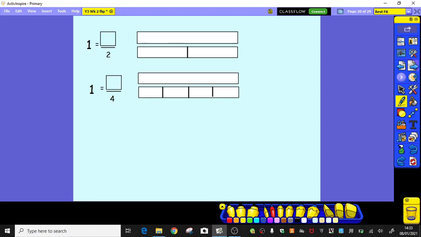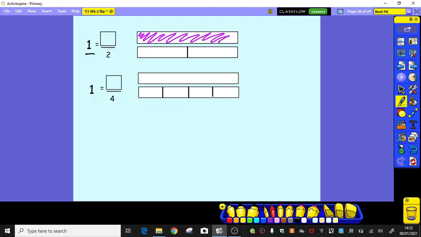Now, for your first task today, you're going to be using some bar models to help find the missing numbers in your calculations. So we're going to start off by looking at this first one. So we've got one whole, so I'm going to shade that in.